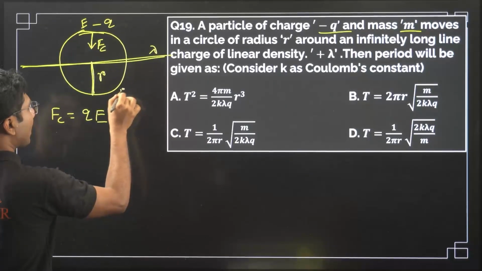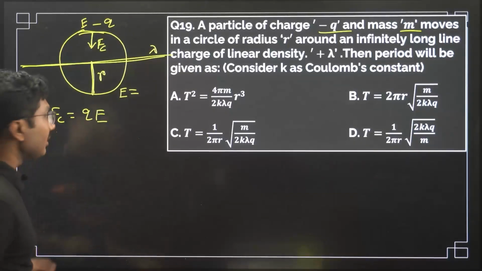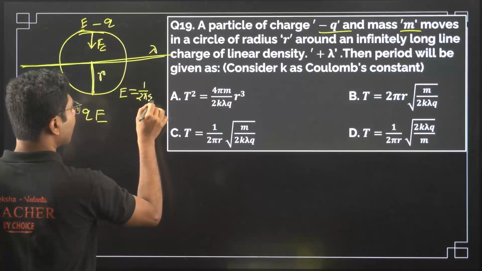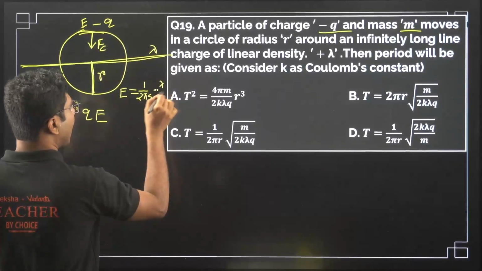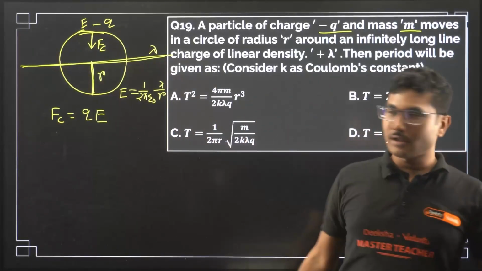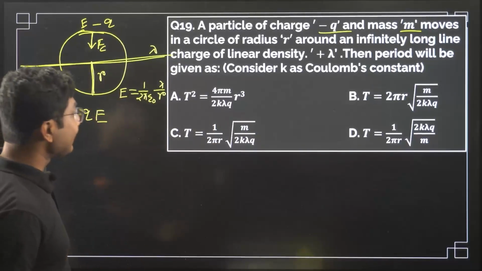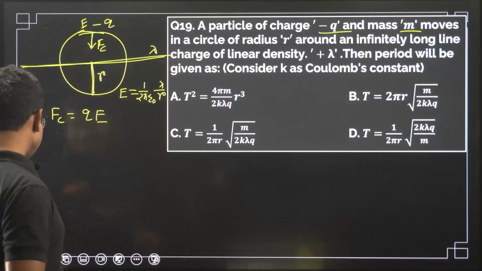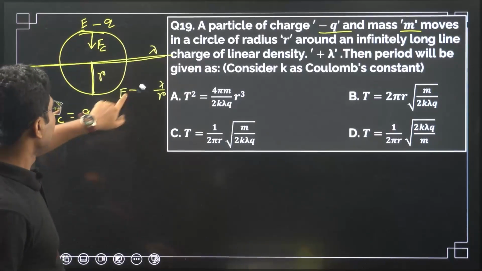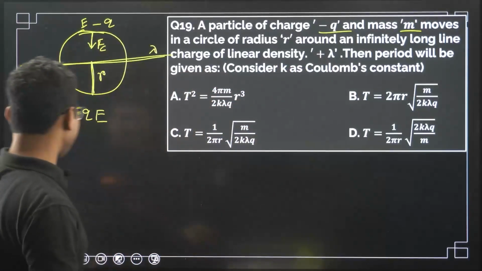If you are following my class today, you know that the electric field due to an infinitely long wire is 1 by 2 pi epsilon naught lambda by distance. In my lecture I used 2 lambda by 4 pi epsilon naught r, and in this case it is required, because the Coulomb constant is given as K, right?